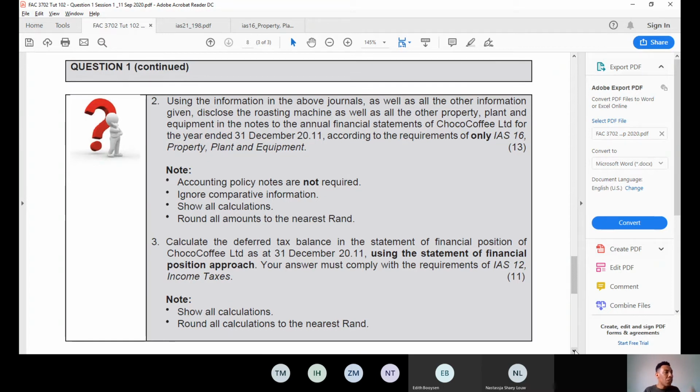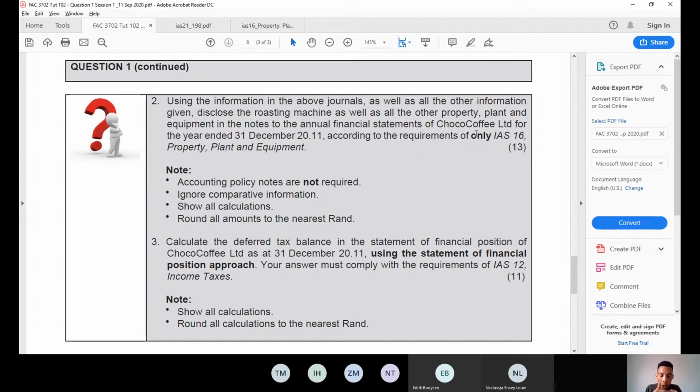Required 2 says, using the information in the above journals, as well as other information, you will need to disclose the roasting machine as well as the other property, plant, and equipment in the notes to the annual financial statements. And then what they say here is, in accordance with the requirements of IAS 16, only.